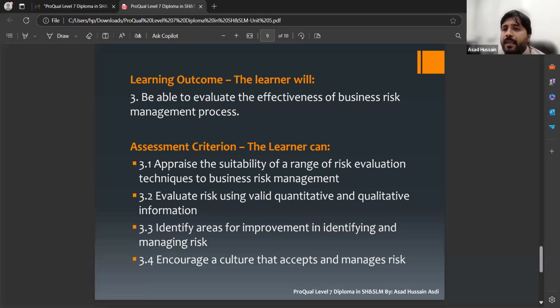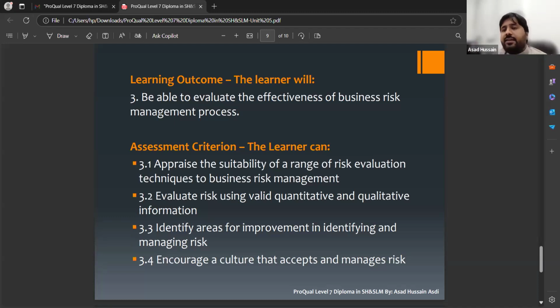From where will it come? It will come from quantitative risk research, from qualitative risk research. They will gather the quantitative and qualitative risk information.